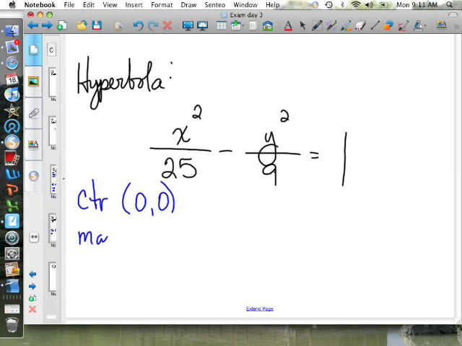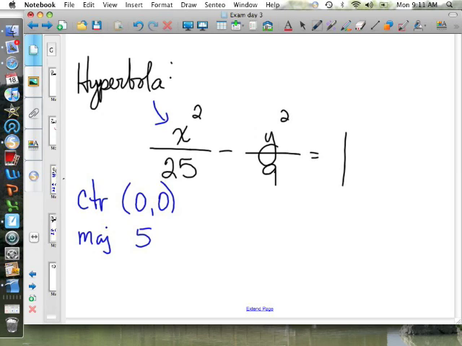Our major axis, or the distance from the center to the edge of our major axis, is what? 5. The square root of this first denominator. Yes, ma'am. The major axis is going to be the first one, just like in the ellipse. So this one opens to the left and the right.